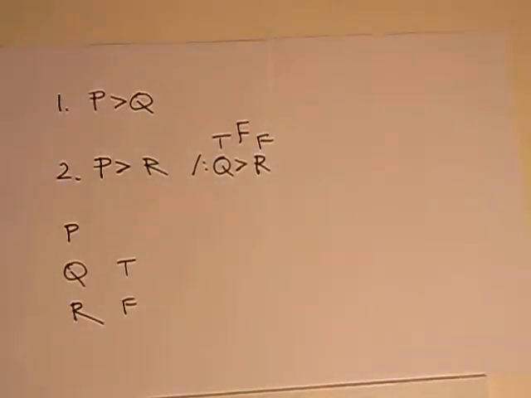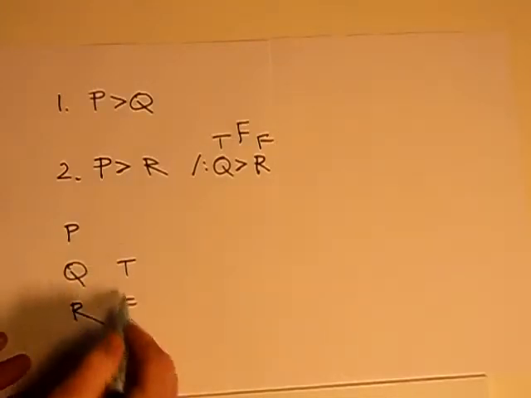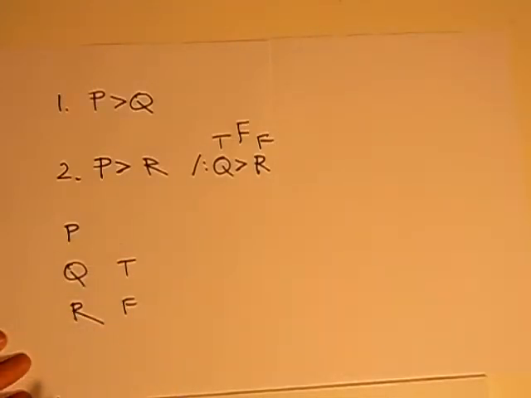Now, if it's possible to give values on which both premises are true that are consistent with these values, we're home free.